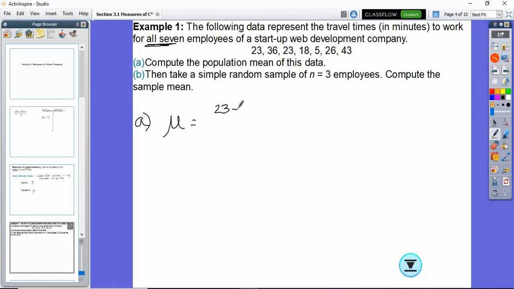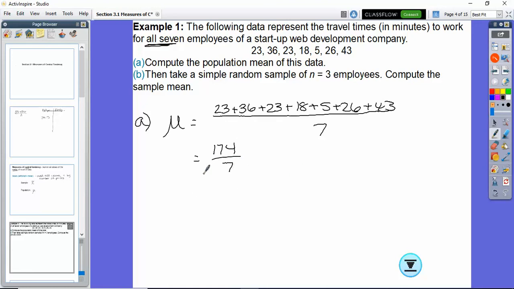So the variable we use for population mean is mu, this long-tailed U looking thing. And you will just add up, and what will I have to divide by? 7. So we get 174 divided by 7.